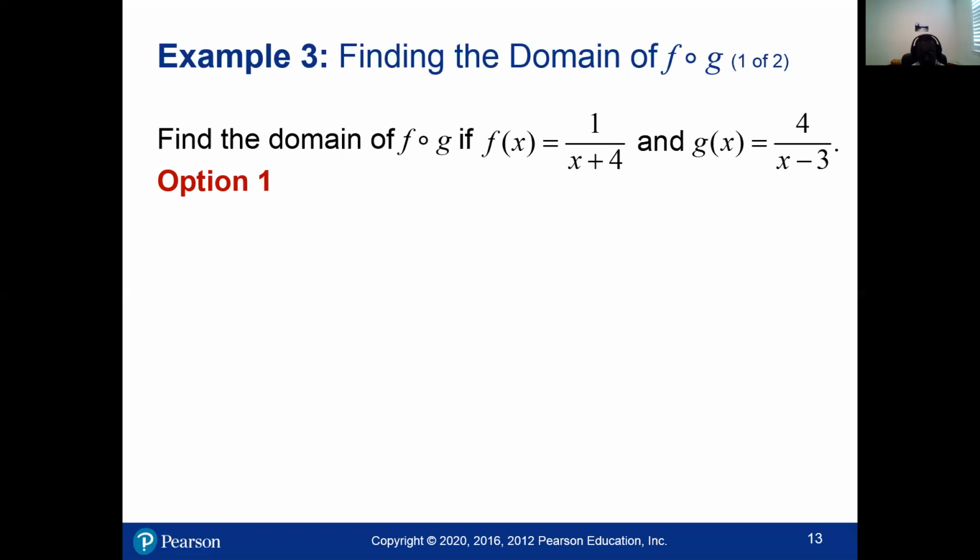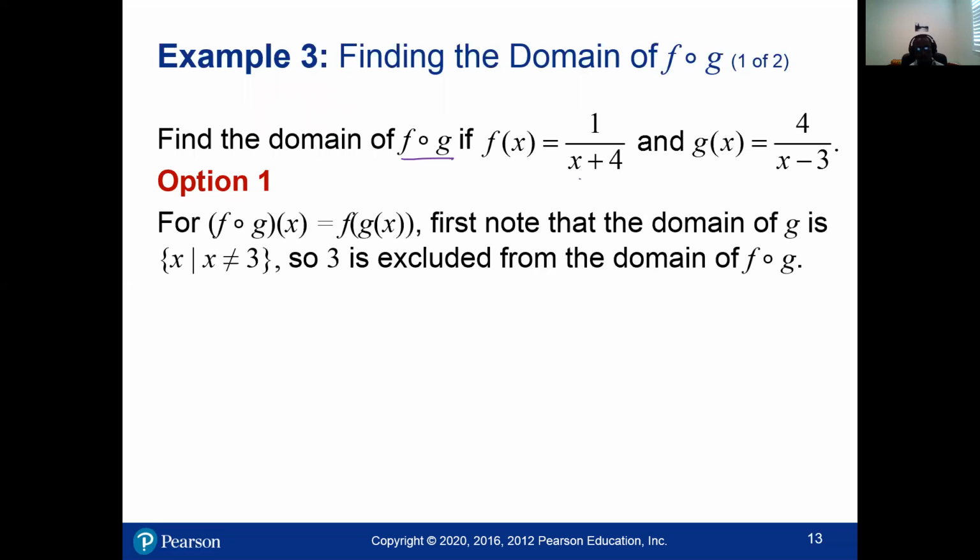Here we want to find the composite function f of g, where f of x is a rational function, 1 over x plus 4, and g of x is also rational, 4 over x minus 3. Option 1 goes through this process. First, note that the domain of g of x is all real numbers except positive 3.